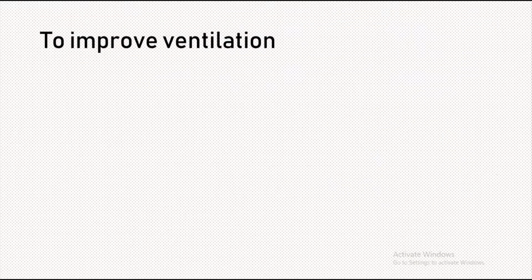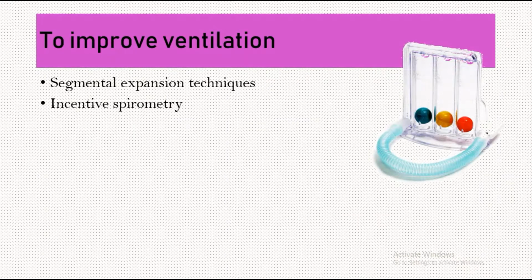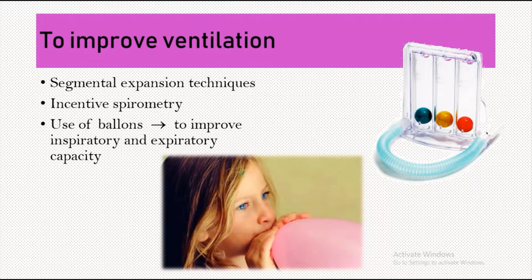The second is how to improve ventilation. There are segmental expansion techniques and incentive spirometry. As an alternative way, we can use balloons, as we can ask the child to inflate the balloons, as it helps to improve expiration and inspiration.